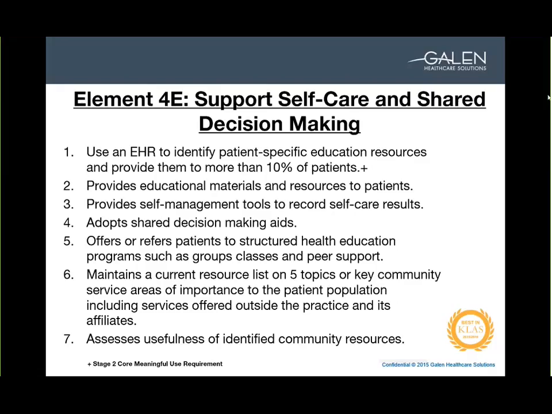Do I give some type of health education class, whether it's peer-to-peer, where I get 2 patients, maybe I've got a brand new diabetic and I've got a diabetic there and I'm connecting them, or maybe I'm just giving diabetic education classes or weight classes, obesity classes, asthma control classes.